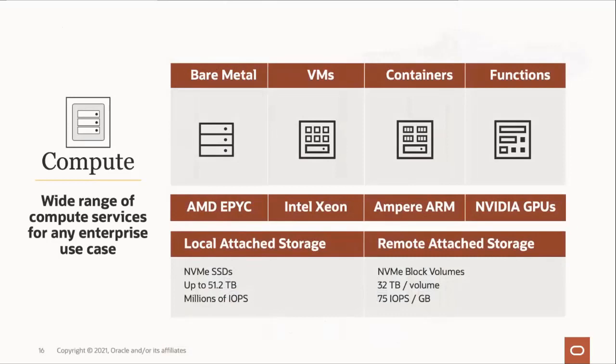Yeah, and then I just wanted to give a brief overview of our different compute services. The compute service helps you provision virtual machine or bare metal instances to meet any of your compute or application requirements.